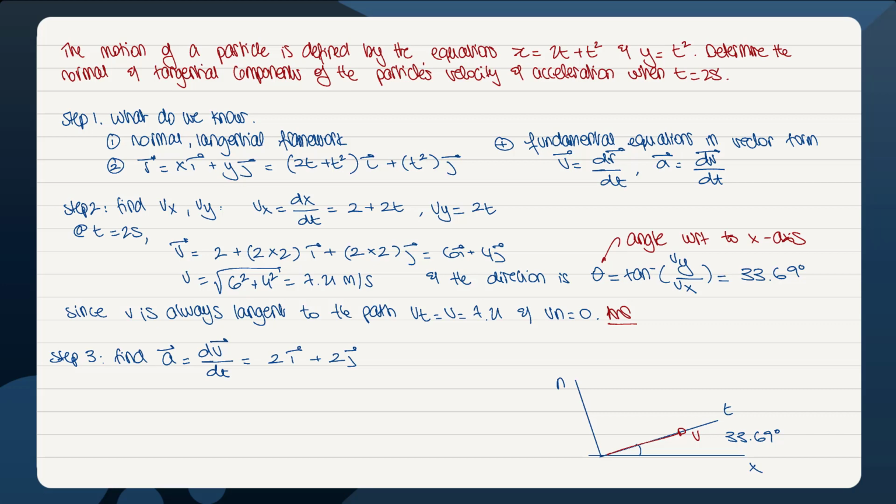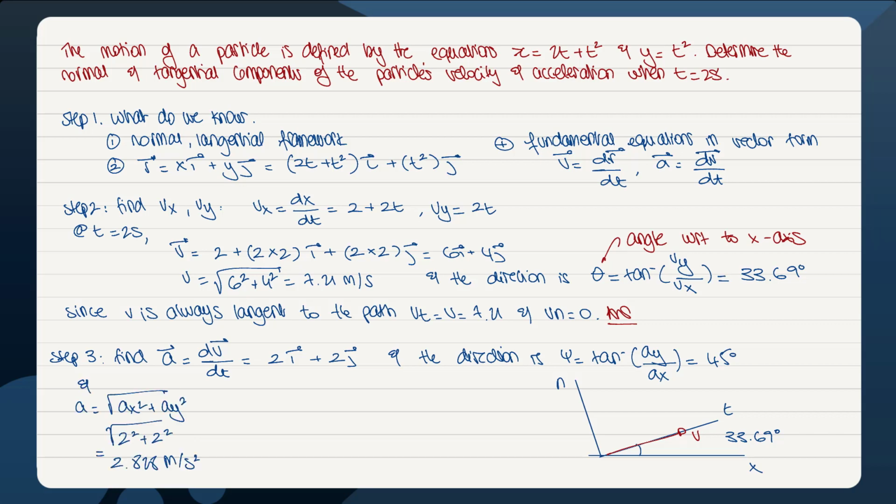Then to get the direction of a, we take the tan inverse of ay over ax, which gives us 45 degrees. To find the magnitude of a, we take the square root of ax squared plus ay squared, which gives us 2.828 meters per second squared.